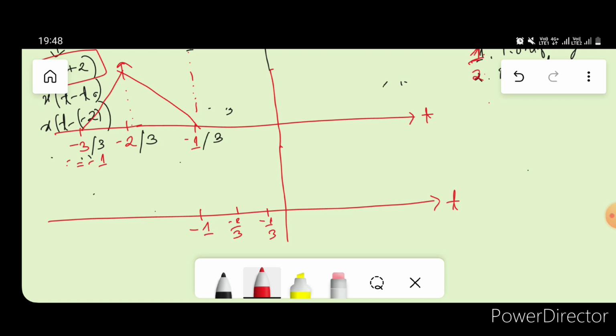So our new signal will look like this. This is our final signal, which is represented as x of 3t plus 2.